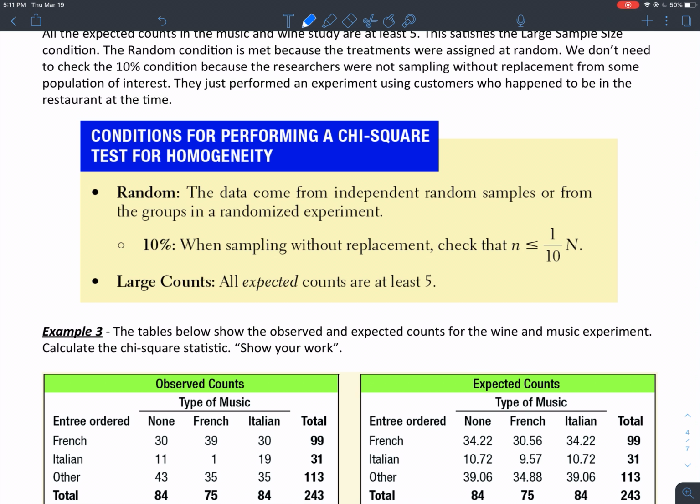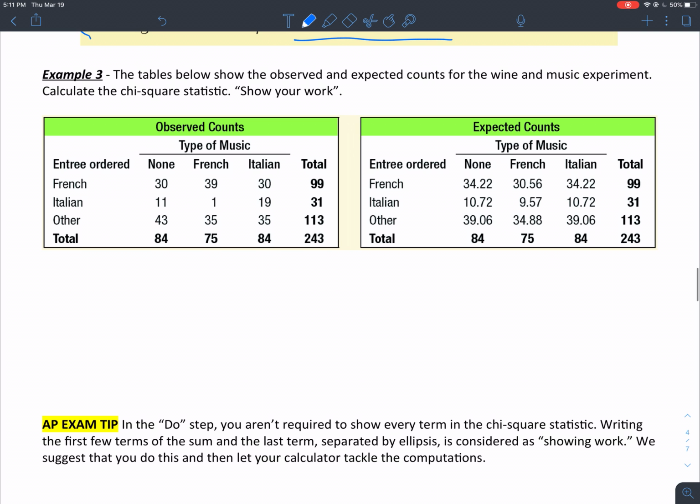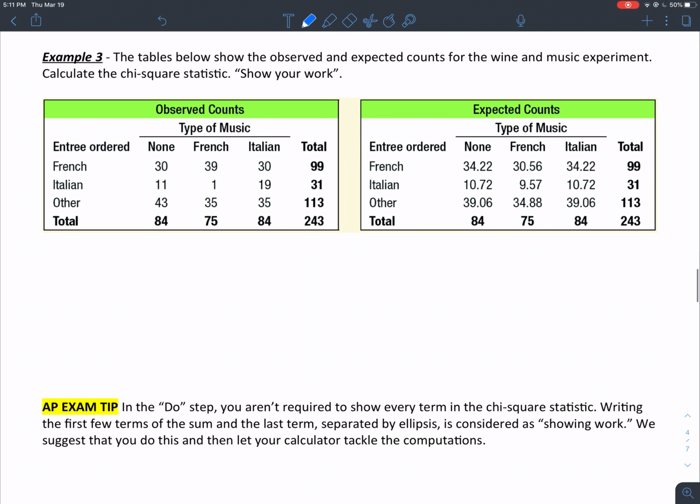And then the conditions for performing a chi-square test for homogeneity are the same as the conditions for performing a chi-square test for goodness of fit. No difference there, and nothing else to say. So we did all our expected counts and observed counts. Here's the question: the table below shows our work, and then it says calculate the chi-square statistic, show your work.